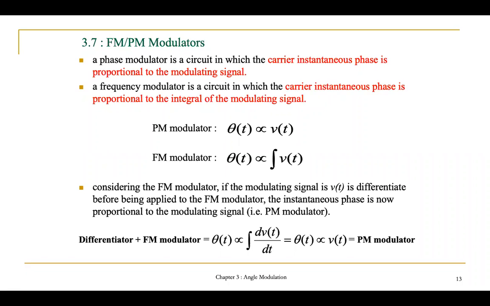Basically, for this part, chapter 3 part 2b is more on the theoretical side, on the FM PM modulator, transmitter, receiver, and also demodulator.